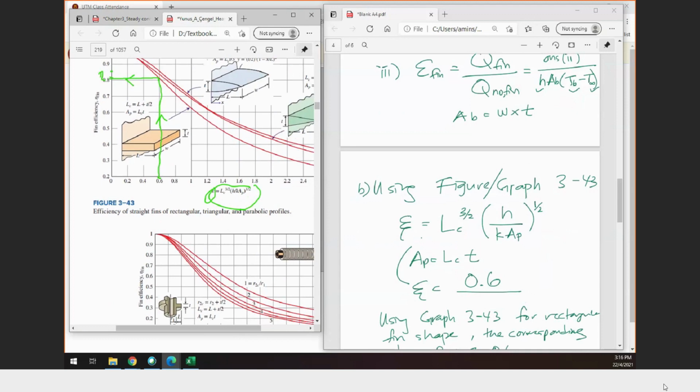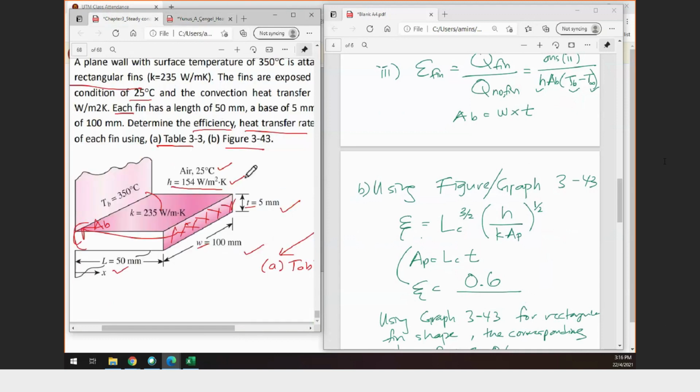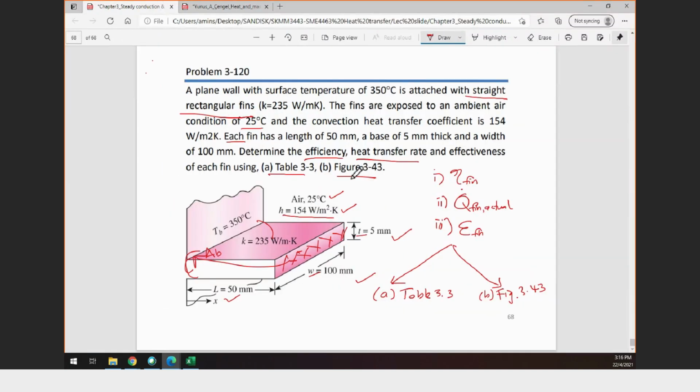Any question? So this is an example of one problem that asks you to calculate the fin efficiency, fin heat transfer, and the effectiveness. Any question, guys? So far, are you with me?